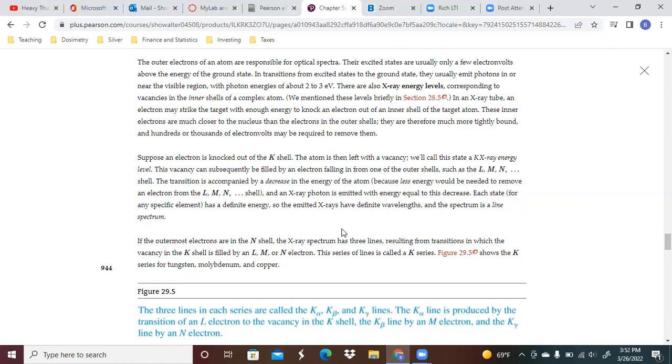The transition is accompanied by a decrease in the energy of the atom because less energy would be needed to remove an electron from the L, M, or N shell. And an X-ray photon is emitted with energy equal to this decrease. Each state for any specific element has a definite energy, so the emitted X-rays have definite wavelengths, and the spectrum is a line spectrum.